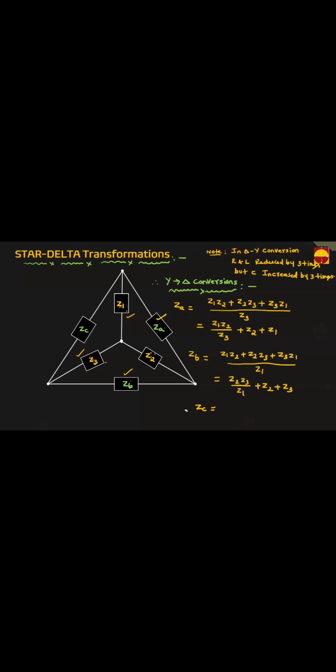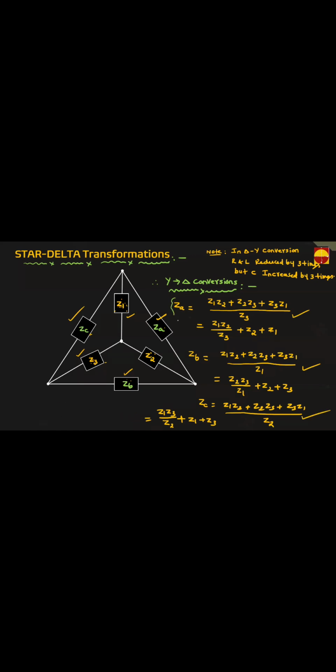Same procedure: Z1Z2 plus Z2Z3 plus Z3Z1 divided by Z2, since Z2 is the opposite of ZC. Or you can write ZC equal to Z1 plus Z3 plus Z1Z3 by Z2. This is another way to remember. This is the ZA formula, this is the ZB formula, and this is the ZC formula.